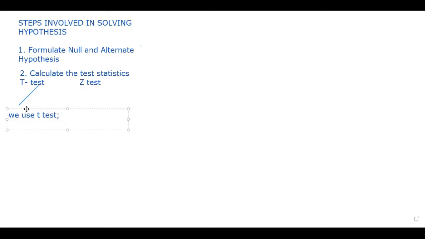We use the t-test if your n is less than 30. What do you represent by n in hypothesis?